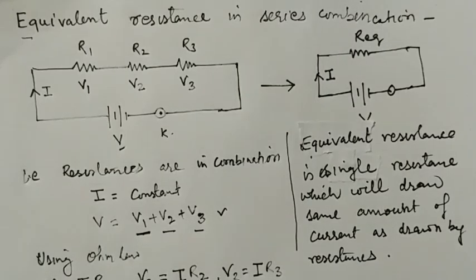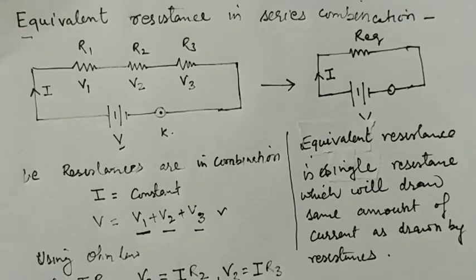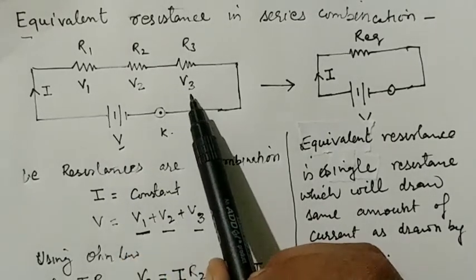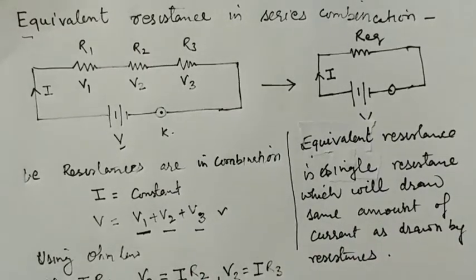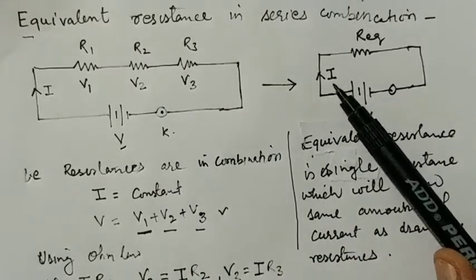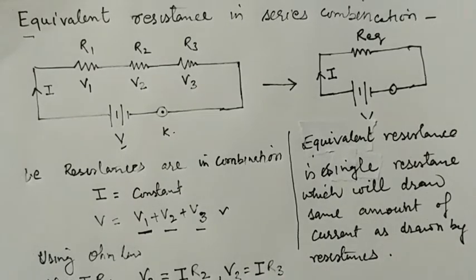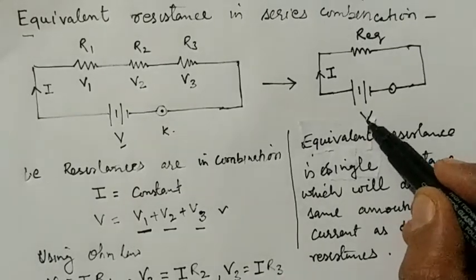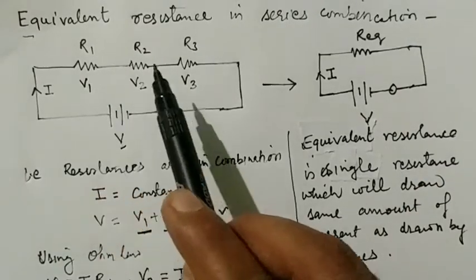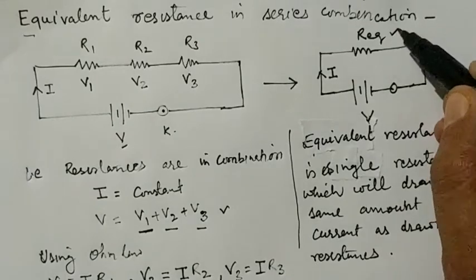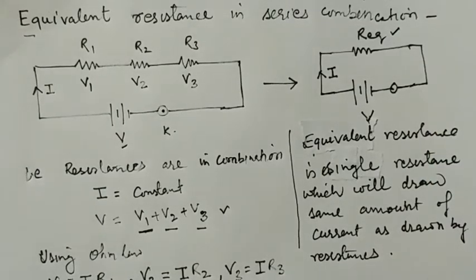The aim of this problem is to find the equivalent resistance. Equivalent resistance means we want to replace these three resistances by a single resistor which will draw the same amount of current from the same battery. That is, whatever work these three do together, this one will do single-handedly.